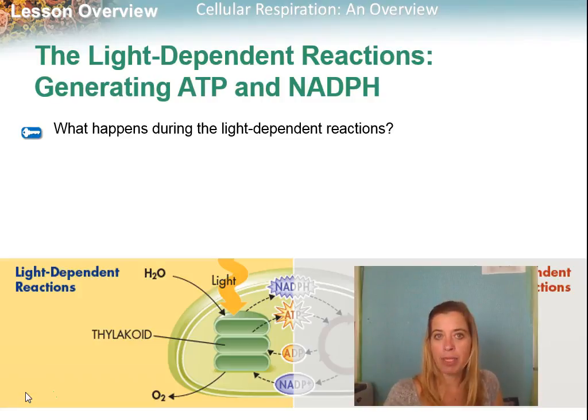The light-dependent reactions happen in the thylakoid. The reactant is water. The product is O2. The energy that goes in is sunlight, and the energy that goes out is ATP and a high-energy electron carrier called NADPH.